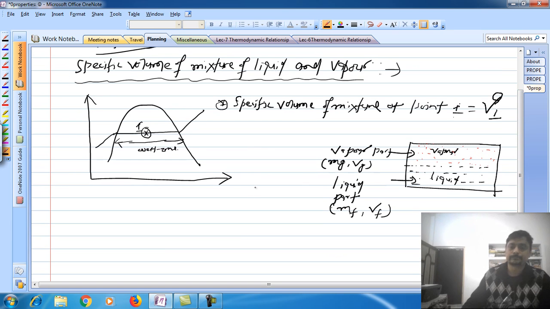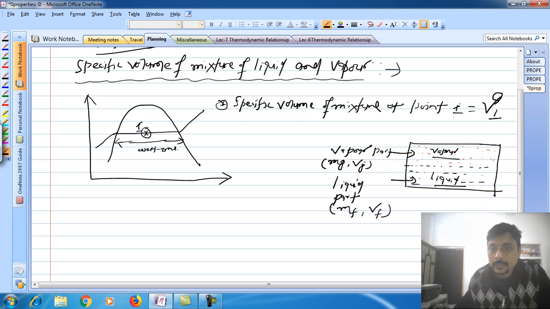So in this condition, this defines the state of the mixture at point 1. Since this is in the wet zone, it will consist of liquid and vapor. For the vapor part, mg is the mass of vapor and Vg is the volume of vapor. mf is the mass of the liquid part and Vf is the volume of the liquid part.